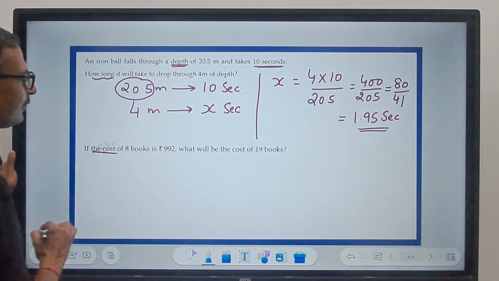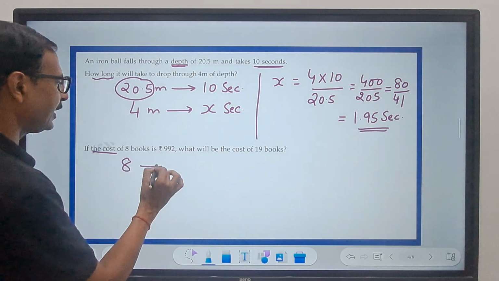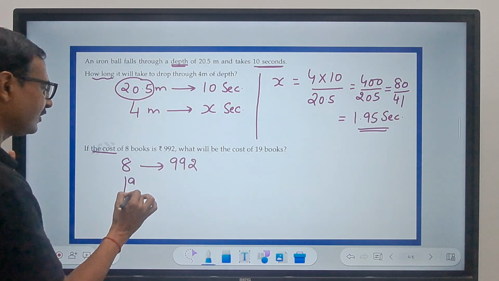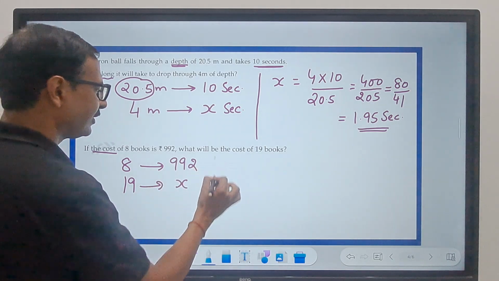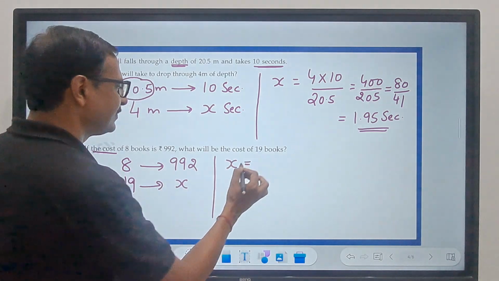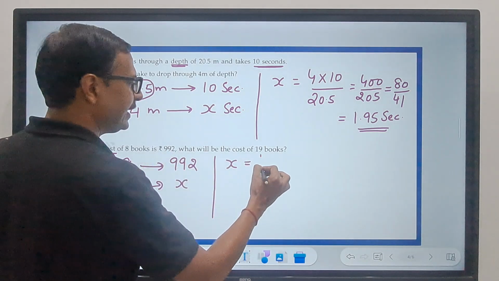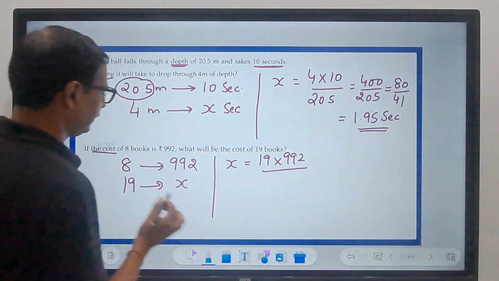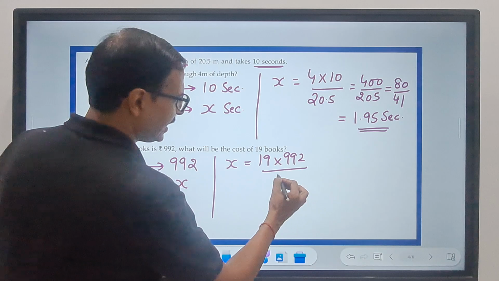Again the cost. 8 books cost 992. So 19 books will cost what? I don't need to explain now, right? X will be 19 times 992 divided by this value which is 8.